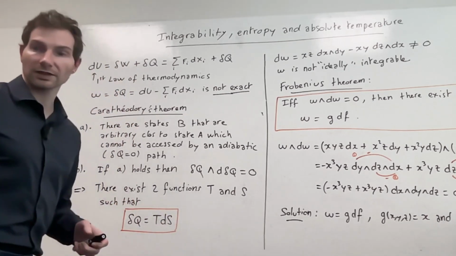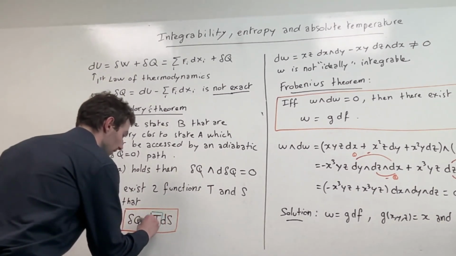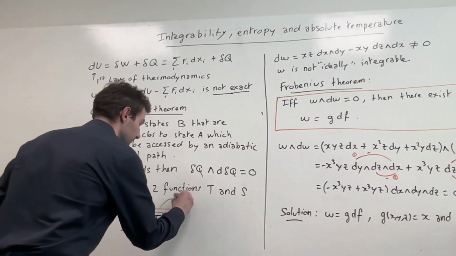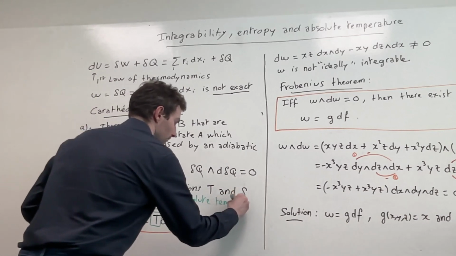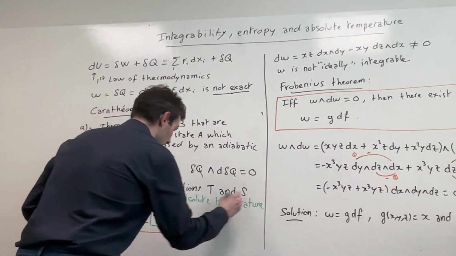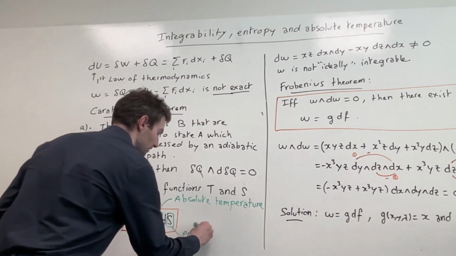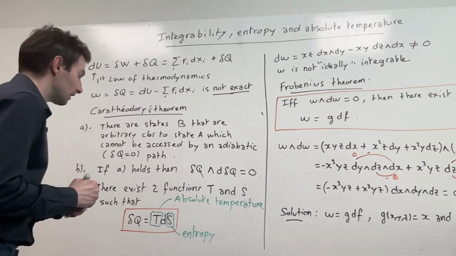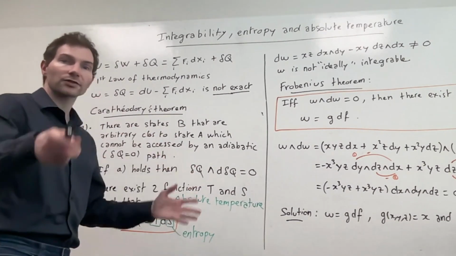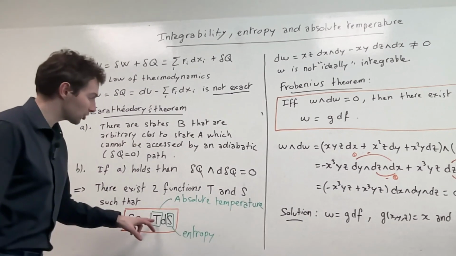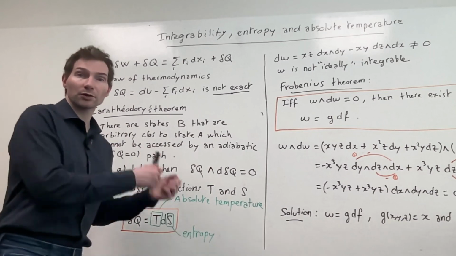So this stuff here is the absolute temperature, and this thing here is the entropy. And they are interpreted as kind of a multiplicative factor. The thing that I'm not showing here, but that Caratheodory and some other authors have defined, is that they show that this absolute temperature only depends on the empirical temperature.